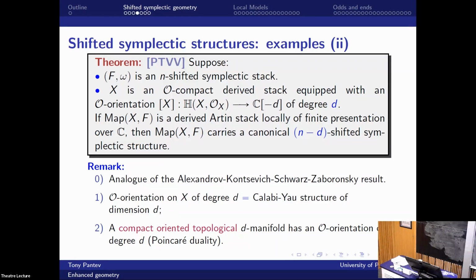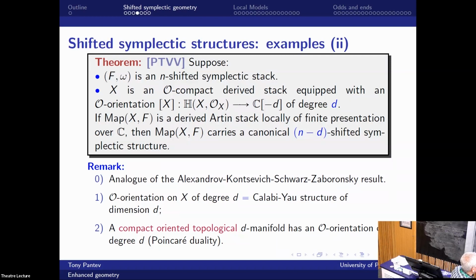So if you have a symplectic structure on the target and you have an orientation on the source, the space of maps is symplectic with the shift of the symplectic structure given by the shift on the target minus the dimension of the orientation on the source. And this is an algebraic geometric version of a classical statement in quantum field theory by AKSZ.